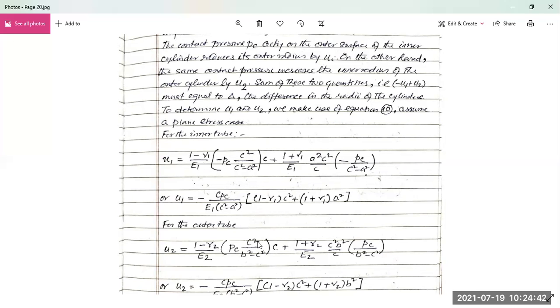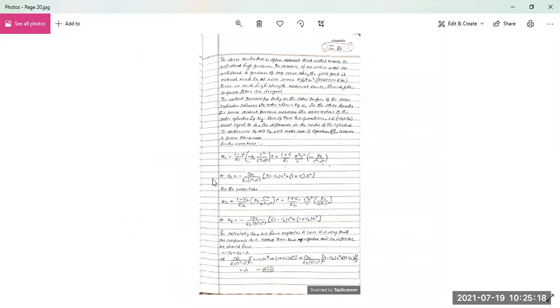Other dimensions remain the same, where B is the outer radius of the outer cylinder, B squared minus C squared, and C is the inner radius, plus 1 plus gamma mu2 and epsilon 2, divided by C itself, PC, B squared minus C squared. So having found U1, U2 can be simplified to take this form here.